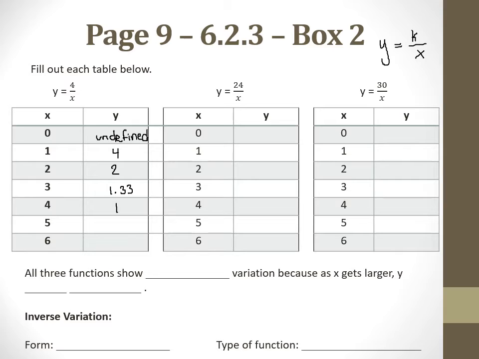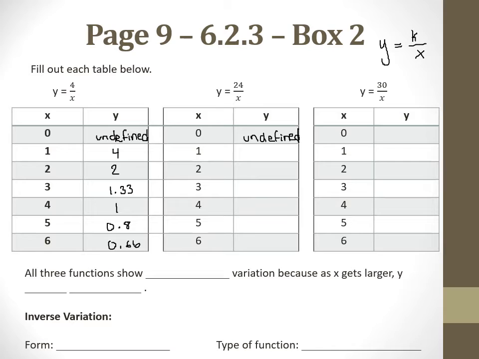4 divided by 5 is about 0.8. And 4 divided by 6 is 2/3, or 0.66 repeating. This next example, y equals 24 divided by x. Again, any number divided by 0 is undefined.